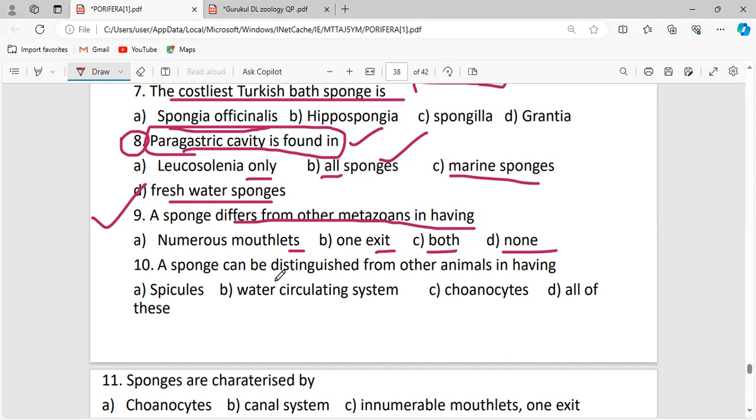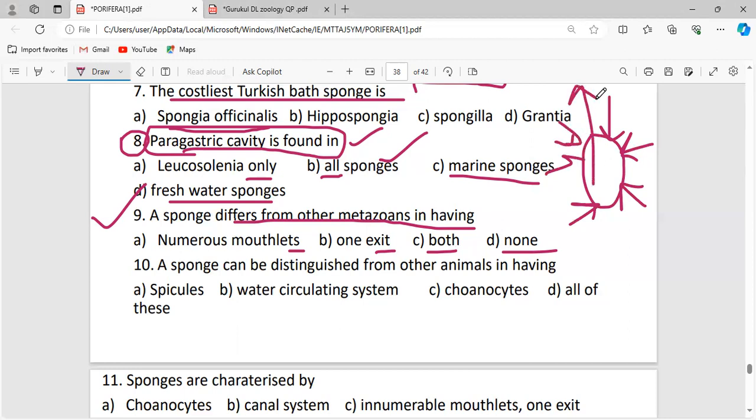Okay, so you two are confused about what I said. There are numerous mouthlets, that is, numerous ostia, numerous mouths where water can easily enter the body of the sponge.